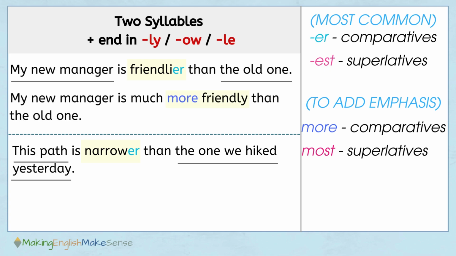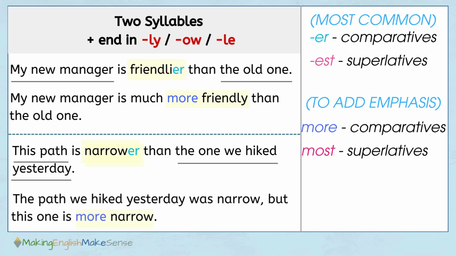My new manager is much more friendly than the old one. The path we hiked yesterday was narrow, but this one is more narrow. Now remember, this type of use doesn't apply to all two-syllable adjectives, only those ending in ly, ow, or le.